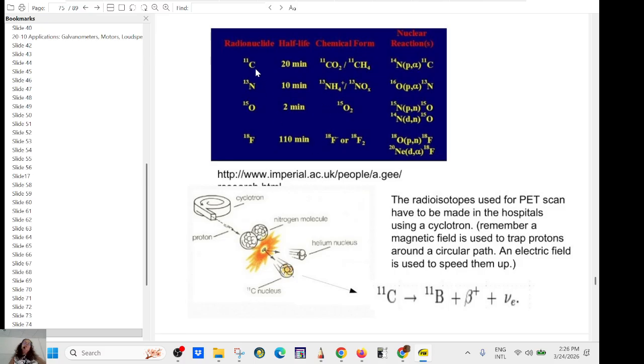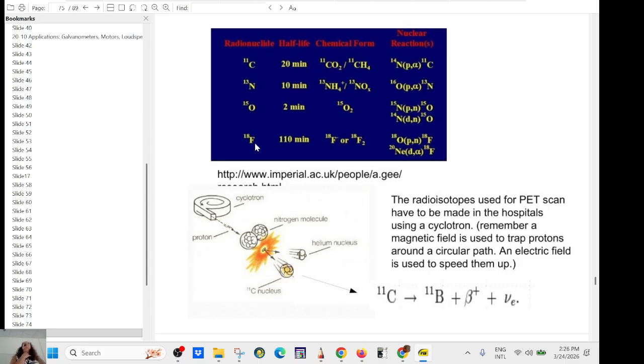You're going to use different radioisotopes depending on which area of the body they want to look at. For example, oxygen is for the brain, so they have to make radioactive oxygen.